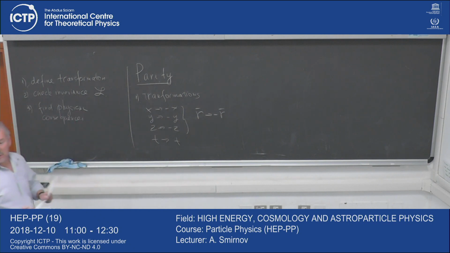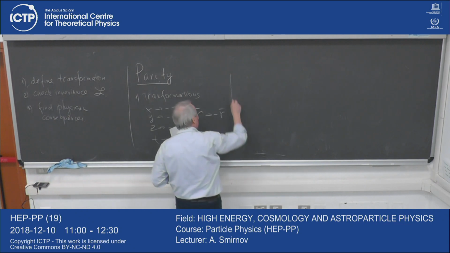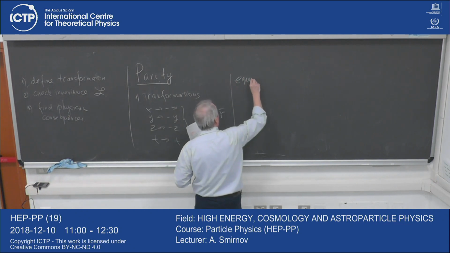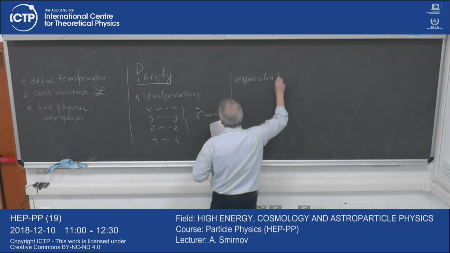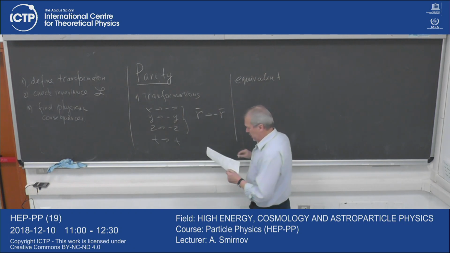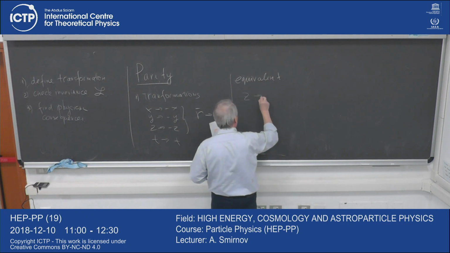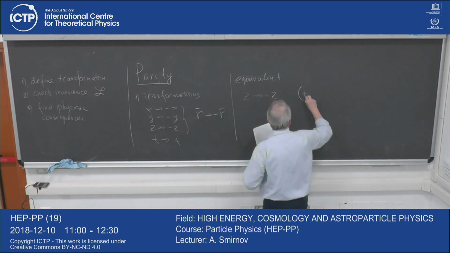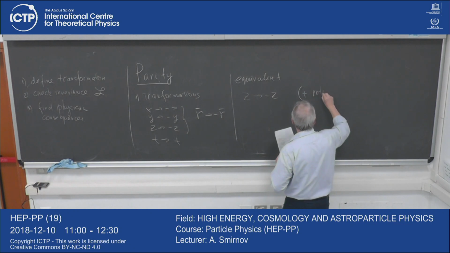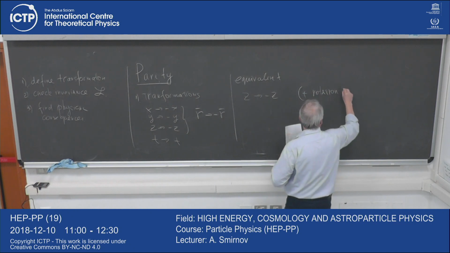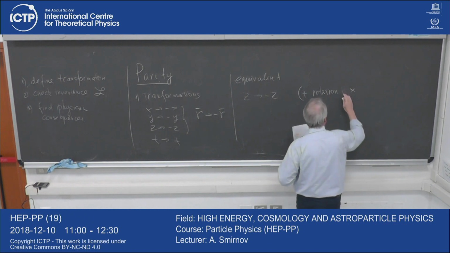So this is the transformation of coordinates. Actually this is an example where we have transformation in both coordinates and fields. So this is the way we are transforming the coordinates. These transformations are equivalent to changing the sign of one of the coordinates. So for instance, Z goes to minus Z, and you can do a rotation in the X-Y plane.